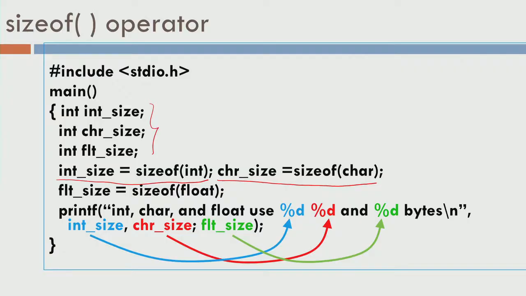These things can vary across different machines, but the basic point is whenever you do size of int, for the machine that you are running on, it will tell you how many bytes are required to store an integer. In most modern machines the size of integer is either 4 bytes or it can be even 8 bytes.